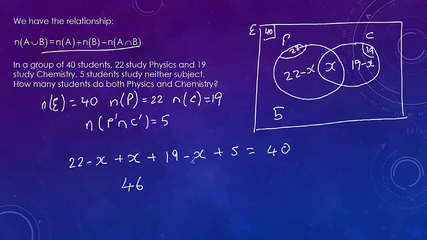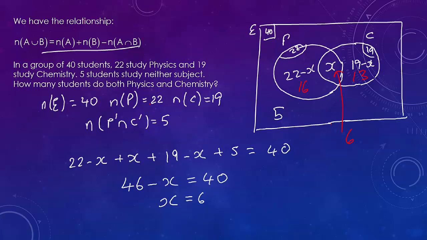Minus x plus x minus x is minus x. And that tells me that x is equal to 6. So we now know that this is 6. And therefore this would be 16, this will be 13. And if we add all of those together, all four numbers, it does give us 40.